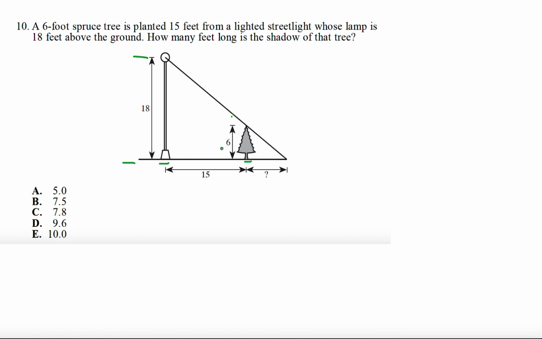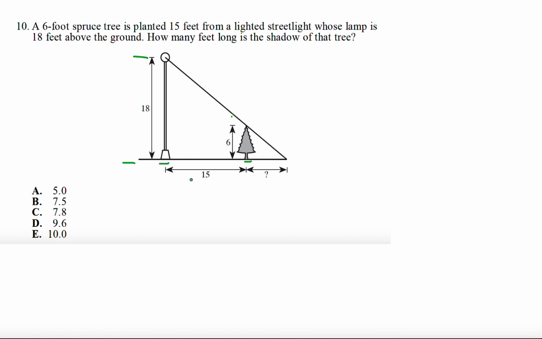So typically the way to go about solving these problems would be to use proportions. In different cases you'd also use the Pythagorean theorem, a squared plus b squared is equal to c squared, if you're given two sides.